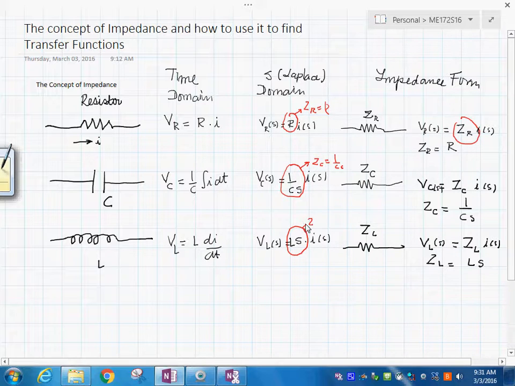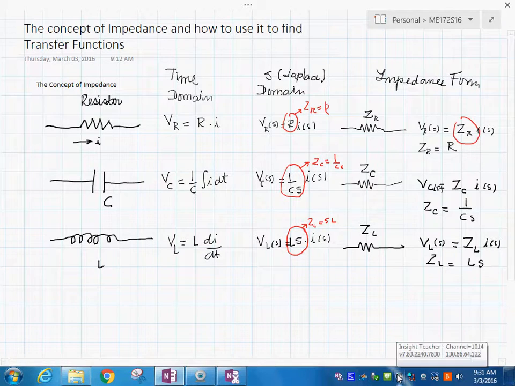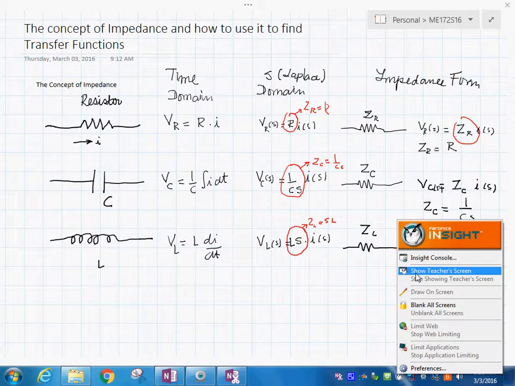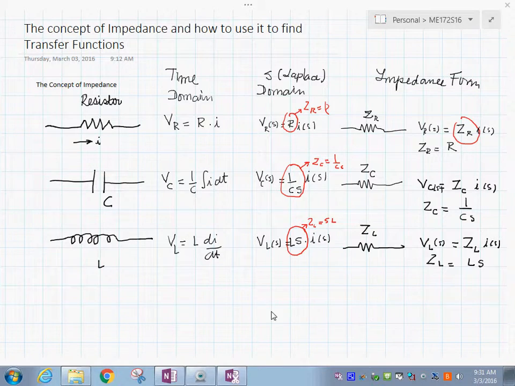Let me just do an example that will show you, in an elementary way, a simple circuit with all these elements, and I'm going to show you how you will obtain the transfer function under those circumstances.